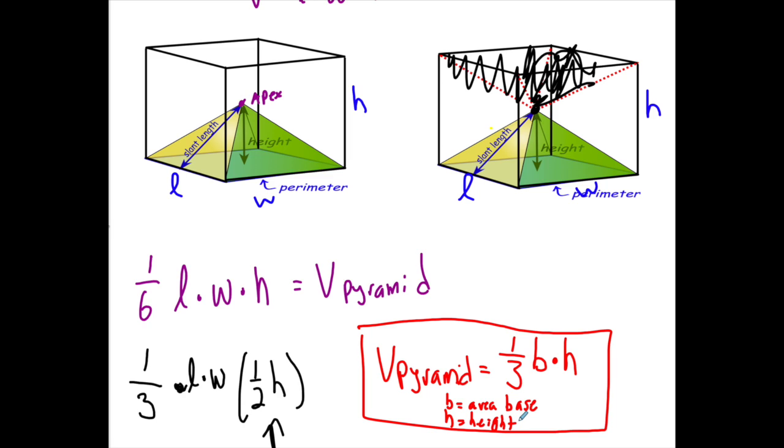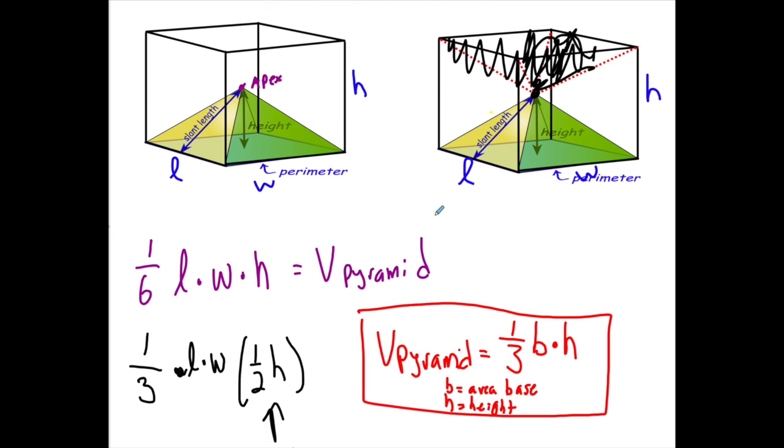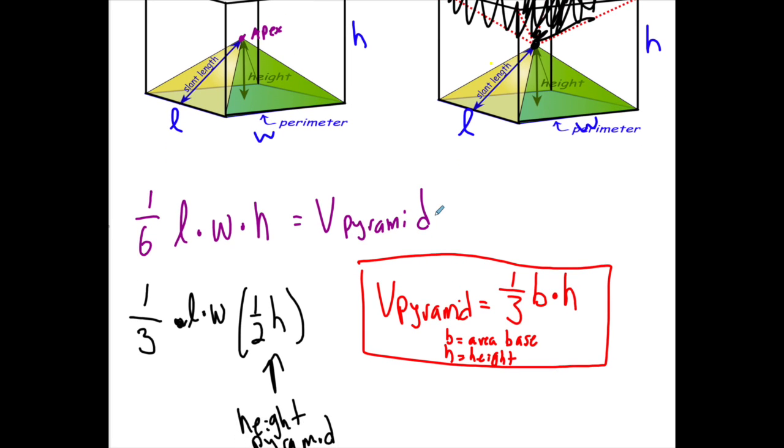And we've proven that by using a bunch of them to construct a cube, or to be precise, a prism. Then we use a dissection of that prism, because we can use the volume formula that we already know to figure out the volume of the pyramid. All right, so you don't necessarily need to know how to derive the formula, but you do need to know that the volume of a pyramid is 1/3 times the area of the base times the height.